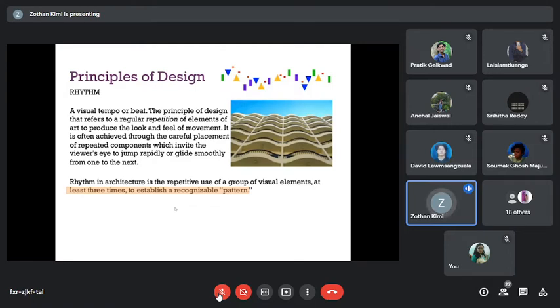We keep on using those same three chords, arranged in a maybe different pattern depending on the tune of the song, right? So that is rhythm. It's the repetition. I think this picture itself is a very good example of rhythm. It has a flow, right?